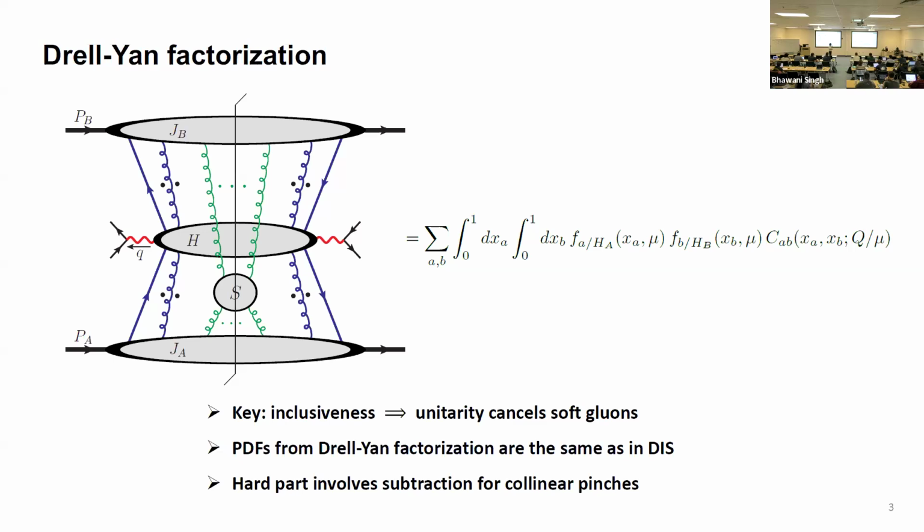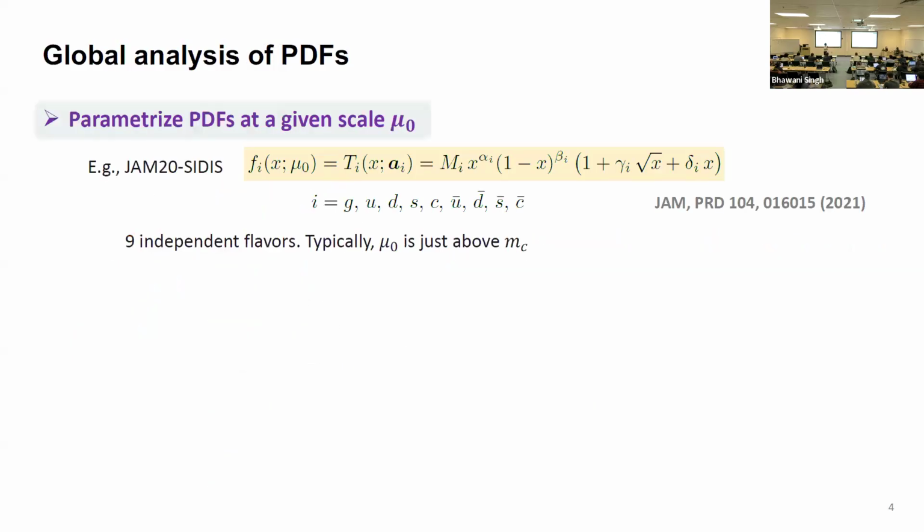I will not go further for the discussion of factorization. I just want to introduce you to the Drell-Yan factorization and also to give you an idea that there are multiple processes that have relations to PDFs. And that leads to the global analysis of PDFs.